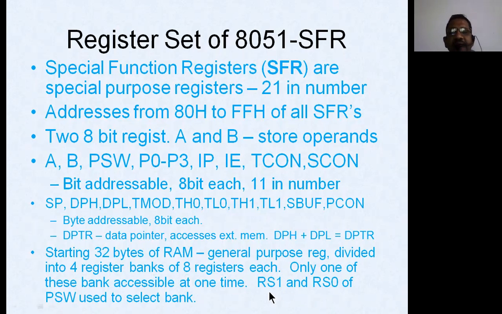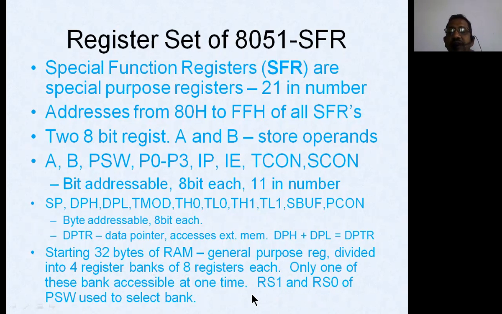So next, how do we access these registers? How do we access these banks? We have 4 banks. 4 banks means we need 2 bits, 2 power 2 is equal to 4. Therefore, we need 2 bits to address these banks.